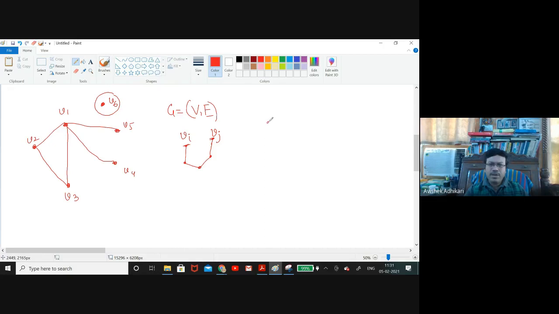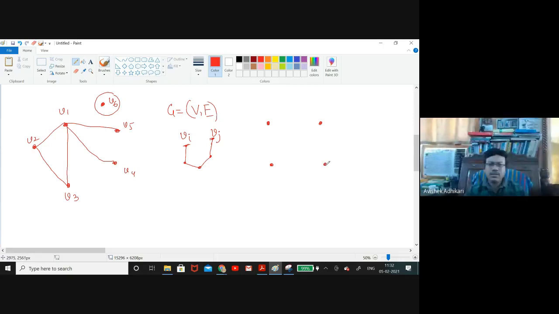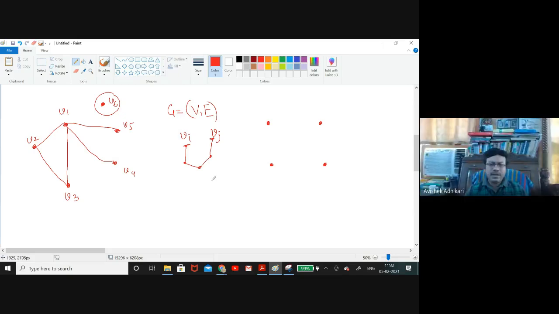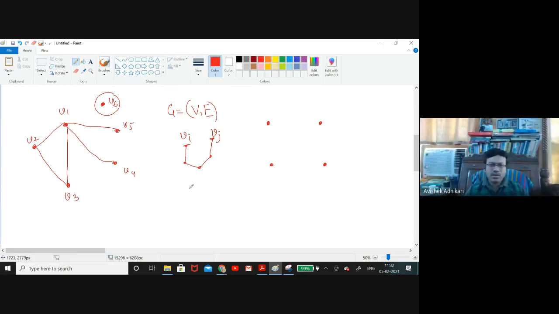For example, if I consider this graph... Sir, I have a question. Yes. Can there be any disconnected graph in which there is no isolated vertex? No, that's not possible. Could you please repeat once again?